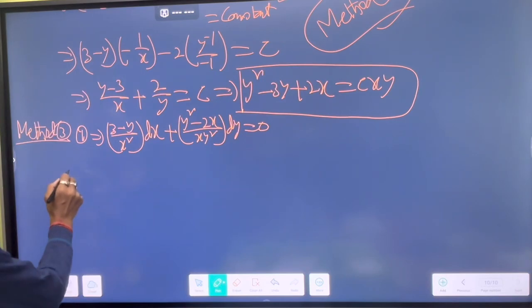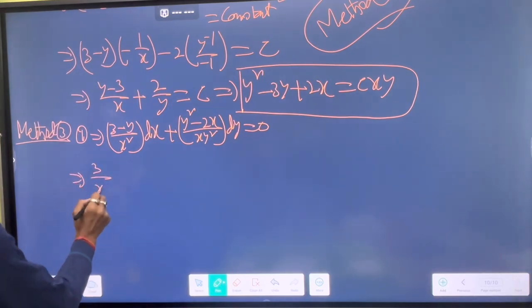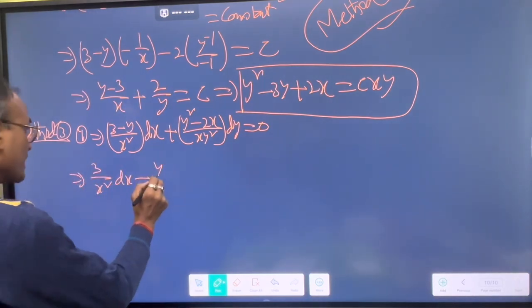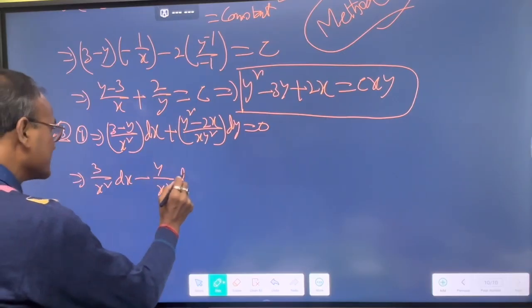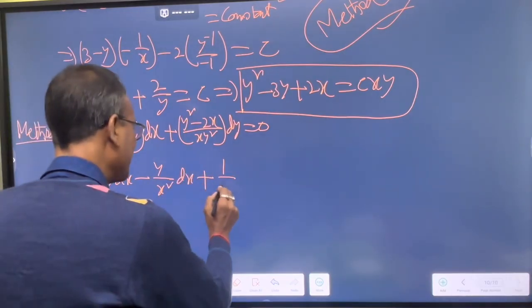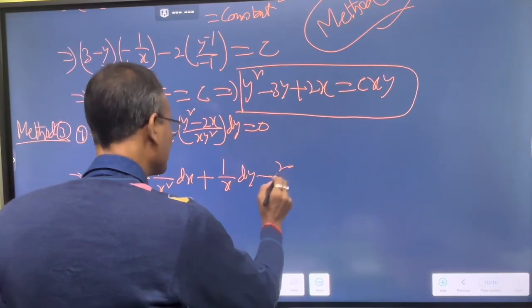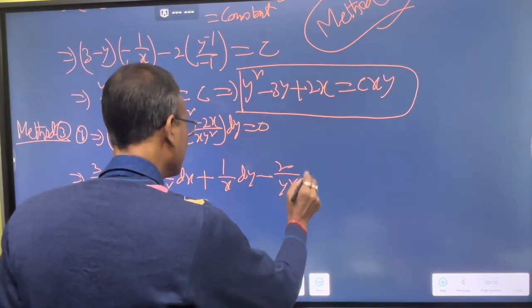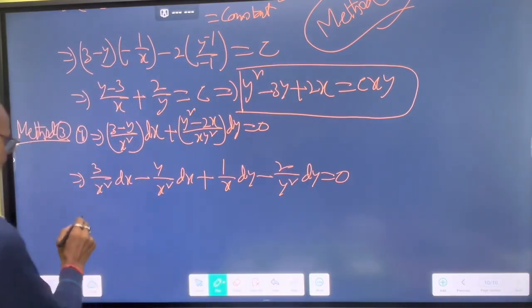This means 3 by x square dx minus y by x square dx plus 1 by x dy minus 2 by y square dy equal to 0. You may write like this.